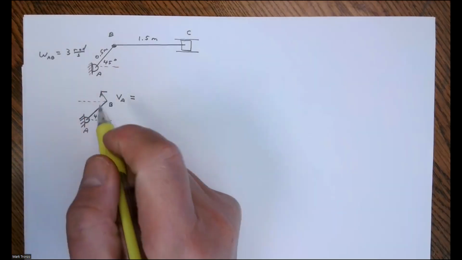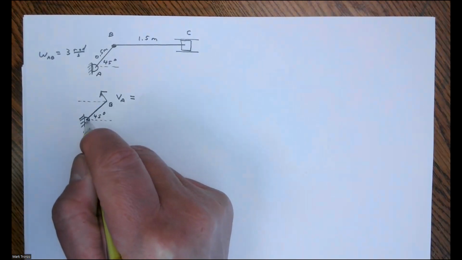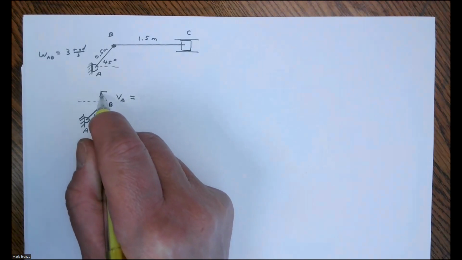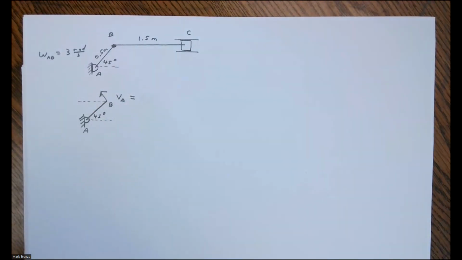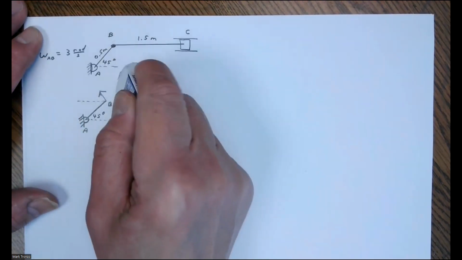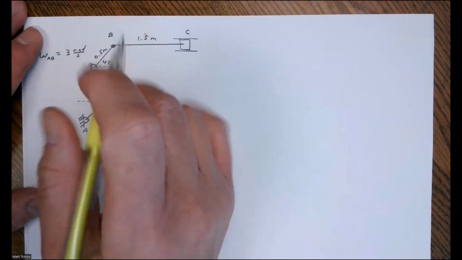And also, as we've said many times, if you have a link rotating about a fixed center, then the velocity will always be perpendicular to that link. So in this case here, the velocity, actually I called it A, but it's actually the velocity at B, is going to be in this direction.